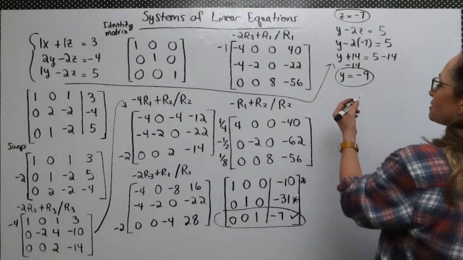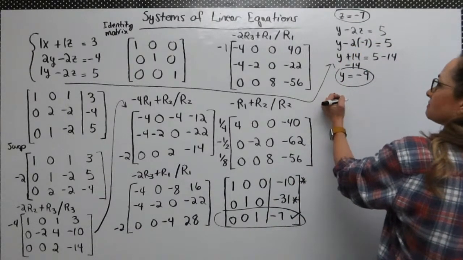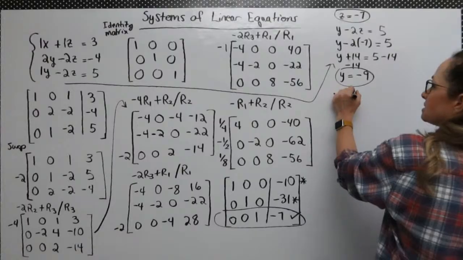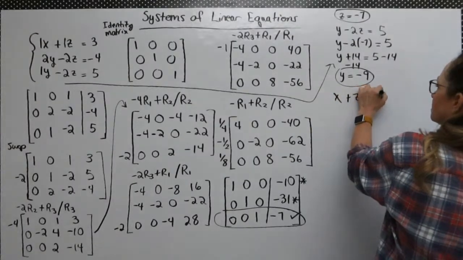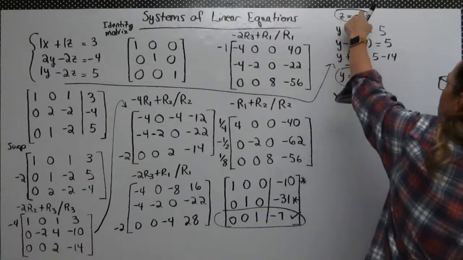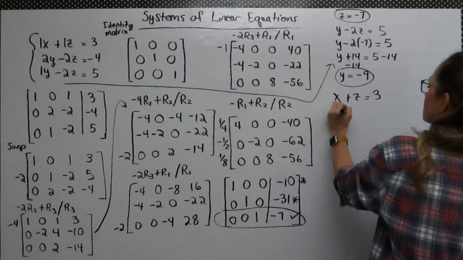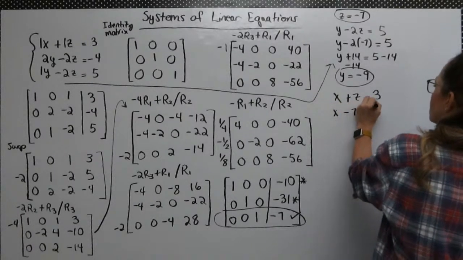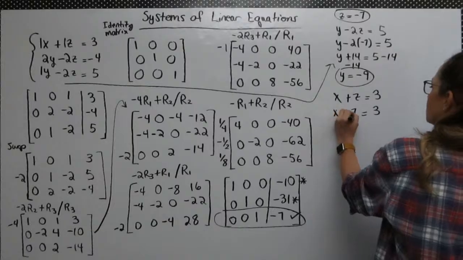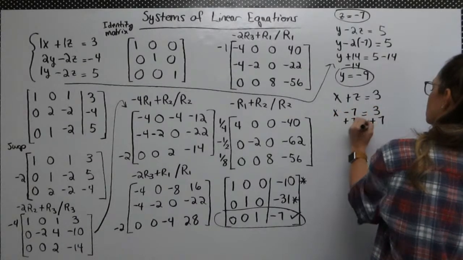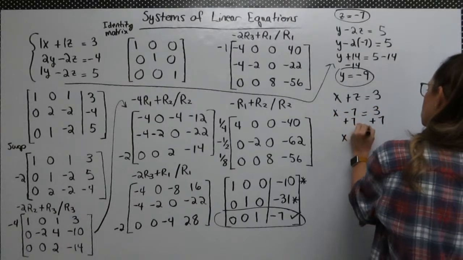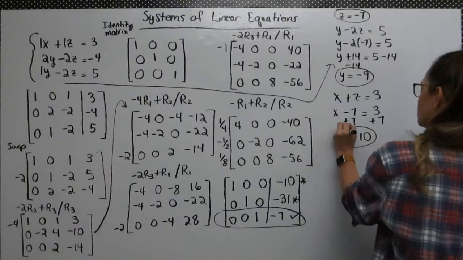But let's go ahead and figure it out. We have X plus Z equals 3. We can use that value for Z again to figure out X. So I have X minus 7 equals 3. Adding 7 to both sides, you get X equals 10. So here is our solution.